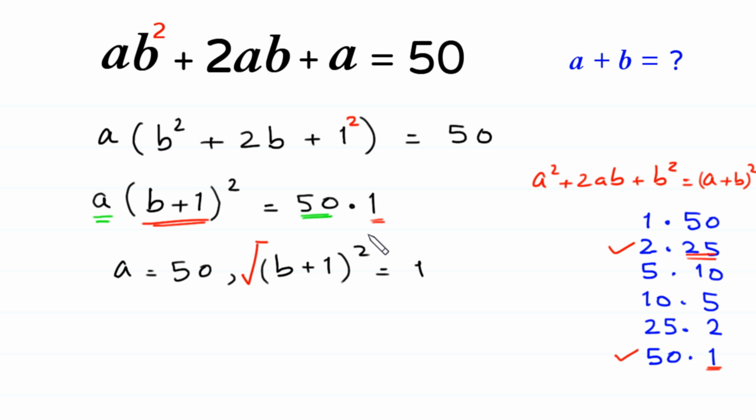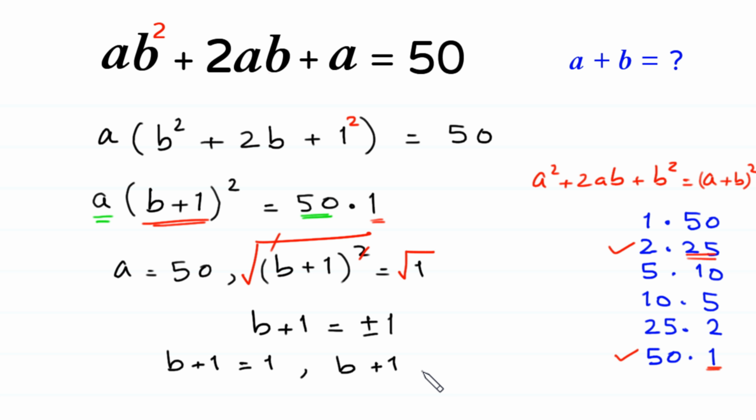Left side we take square root and at right side we take square root. This square will be cancelled with this square root, and here left b plus 1 is equal to plus minus 1. So b plus 1 is equal to positive 1 and b plus 1 is equal to negative 1.